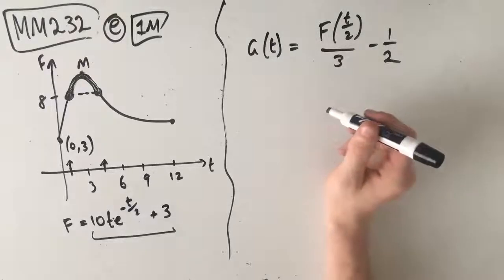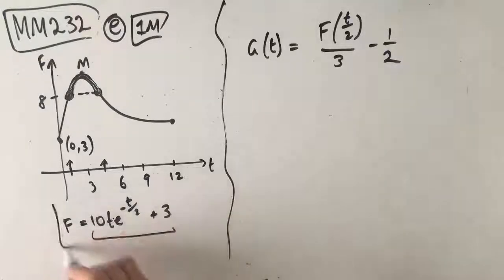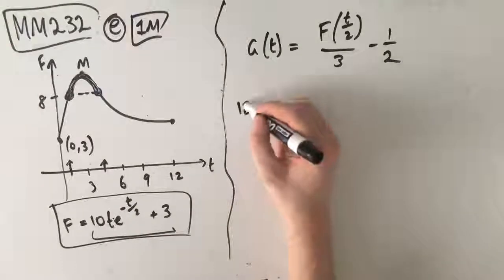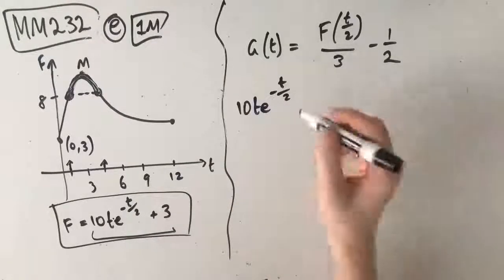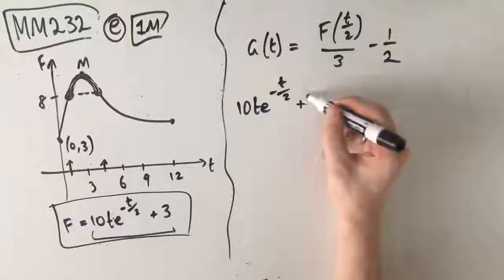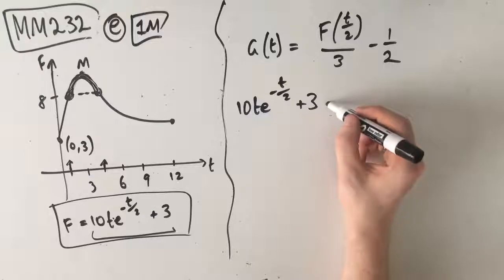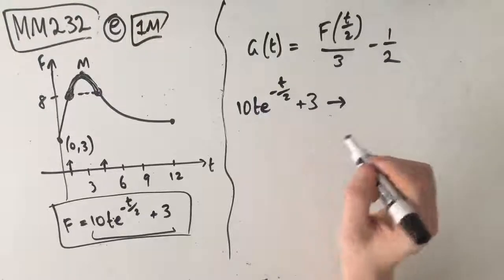So guys, the easiest way to do this would be to actually define this in your CAS. So what you would do is you would type 10t or x or whatever, e to the negative t on 2 plus 3, and then you would click Control var, which gives you a little arrow button. So it's like on the calc, it's like STO arrow.